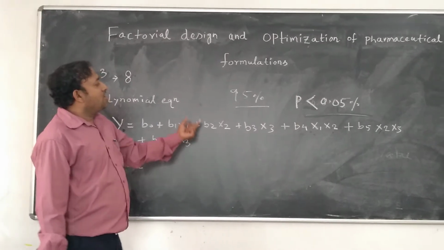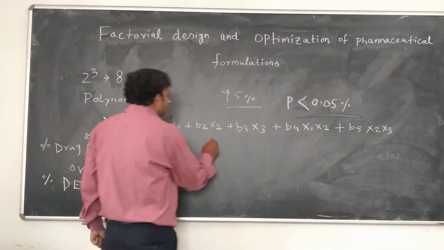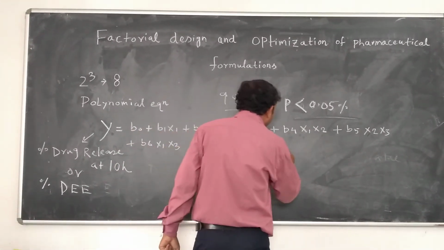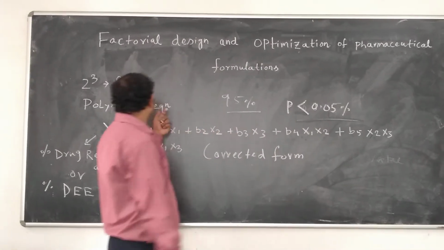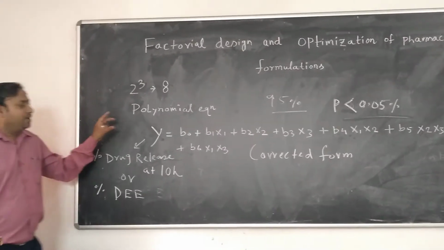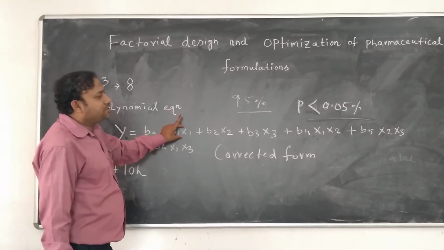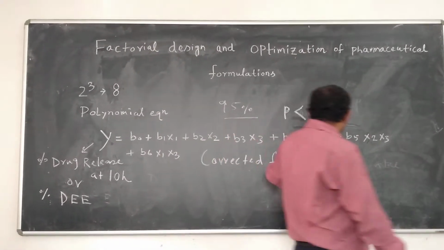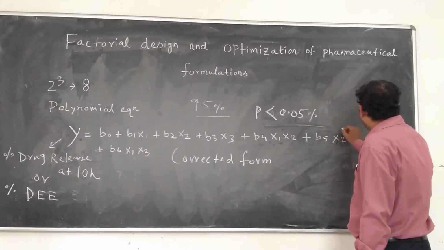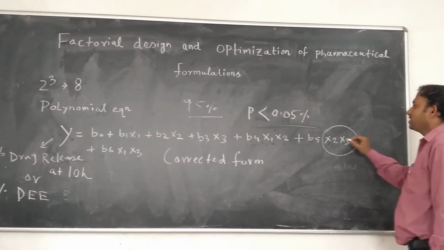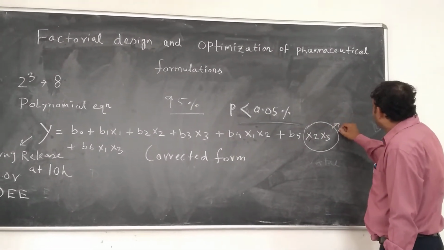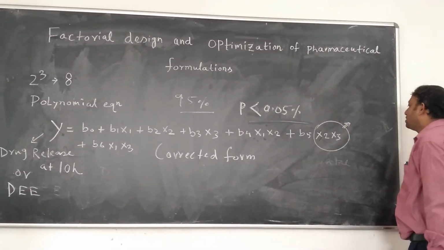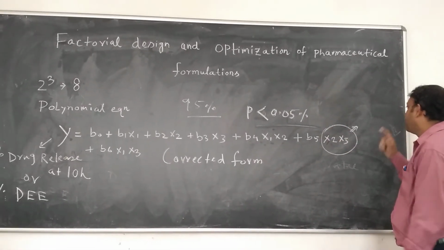Now we get the corrected form of the polynomial equation. Here we see the individual responses of the variables and their interactions, as for example the interaction of the two factors x2 and x3. After practical work we put the values into the Design Expert software at the 95% confidence level with p value less than 0.05.